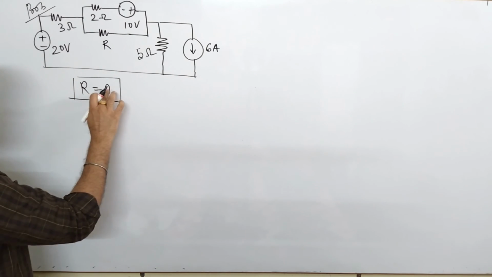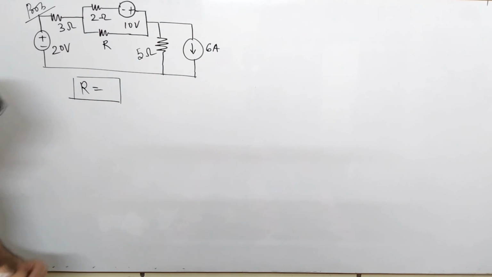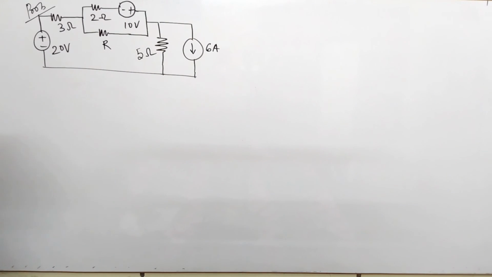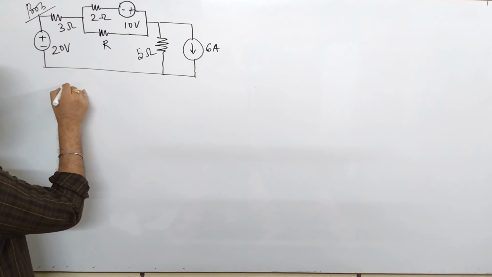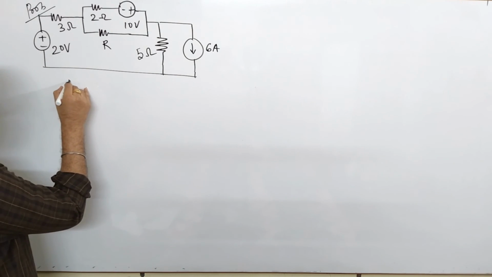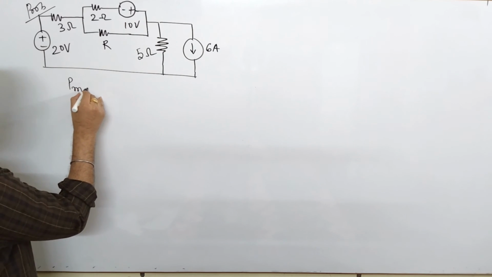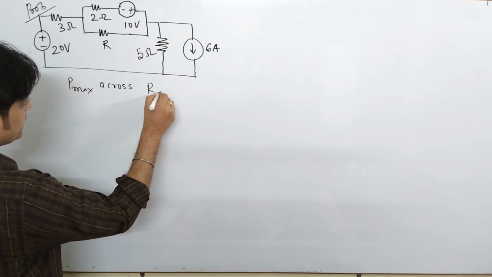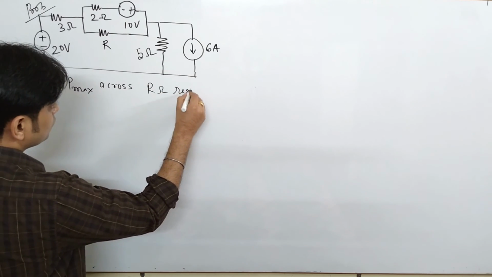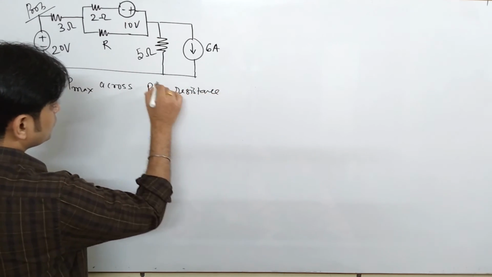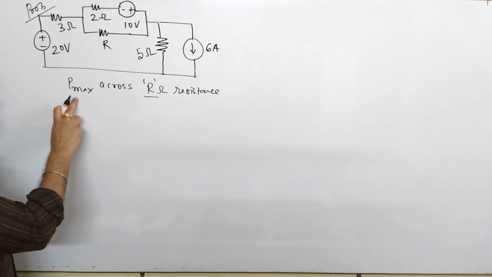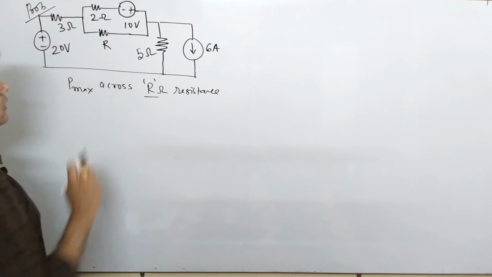It means you have to find the value of P max across the R ohm resistance. So you have to find the maximum power across R ohm resistance.